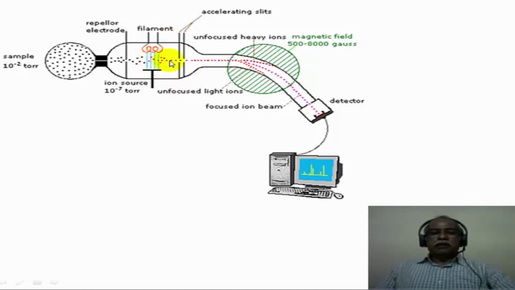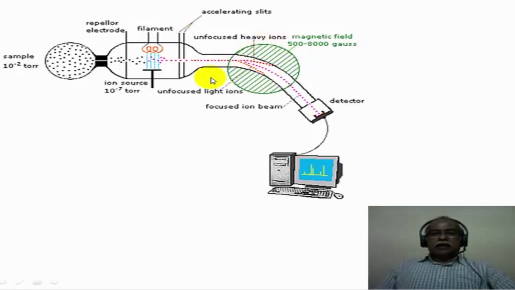So in the process, the ions get accelerated towards the electrode of opposite bias polarity, and they get into the acceleration zone. The acceleration is done by applying a certain voltage so that the ions get attracted to that particular electrode. Through a small orifice in the electrode, the ions that are produced come into the analyzer, which is the magnetic sector analyzer.